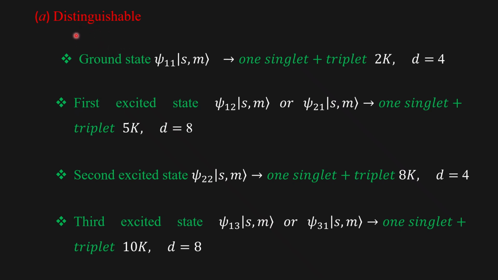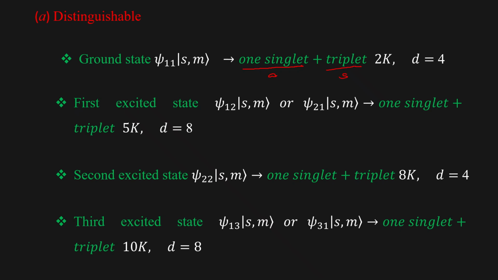If particles are distinguishable, then the ground state is psi 11 ket s comma m. In this case, you have one singlet state and one triplet state. The singlet state is anti-symmetric, and the triplet is symmetric.